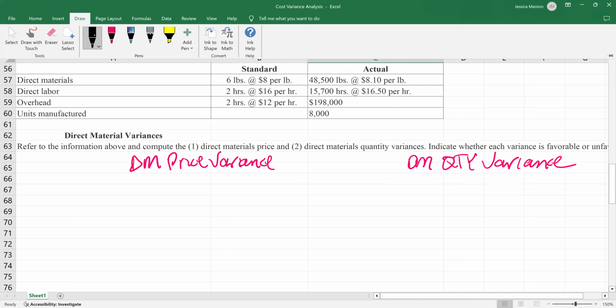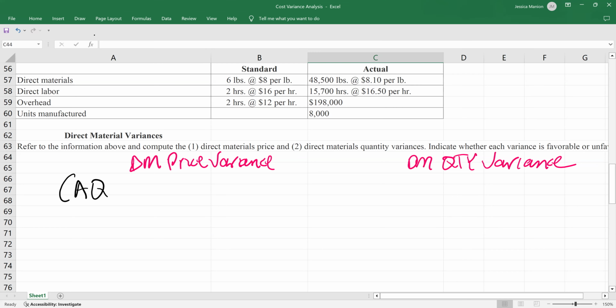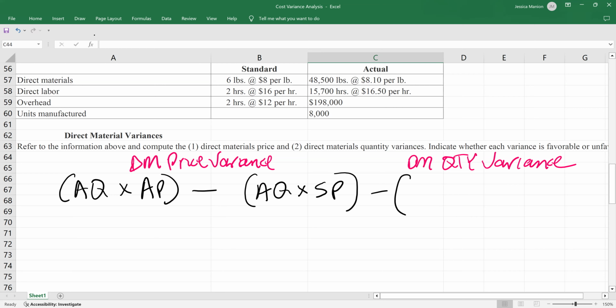So for this price variance, we need to take actual quantity times actual price, and then we're going to compare that to actual quantity times standard price, and then we're going to compare that to standard quantity times standard price. Since we're breaking these variances down, right? We can use all three of these calculations together to compare them.